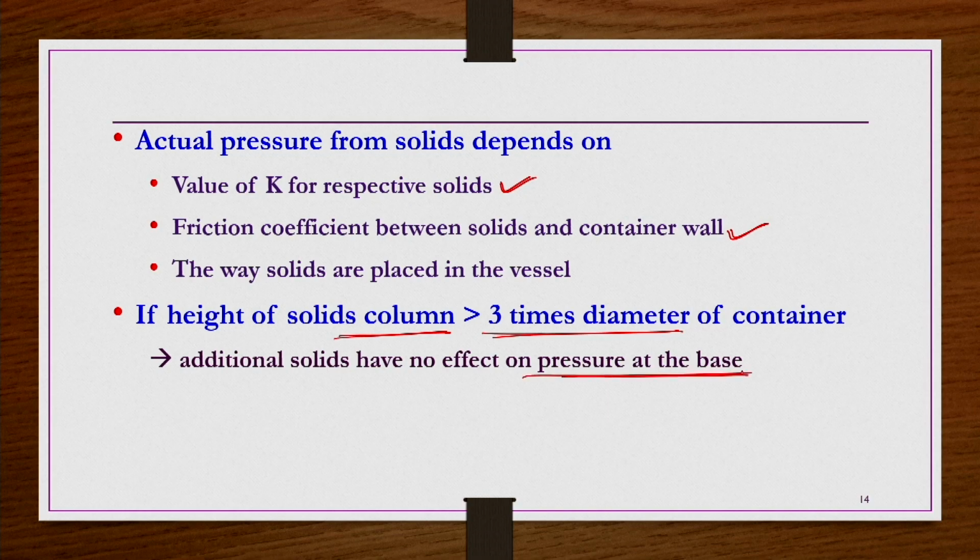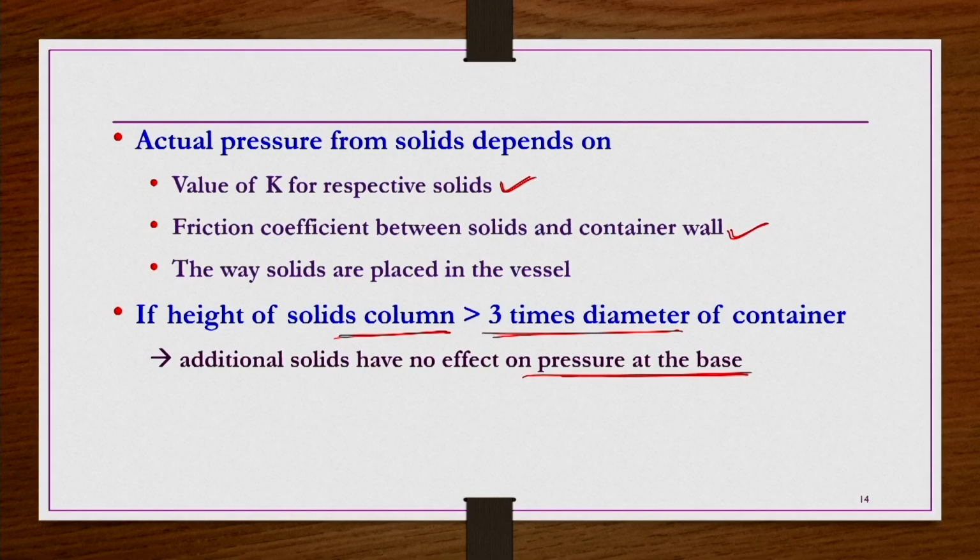That is the important one. So when you design such that the height of the solids column is greater than 3 times the diameter, any additional solids you take inside the container are not going to increase the pressure at the base.